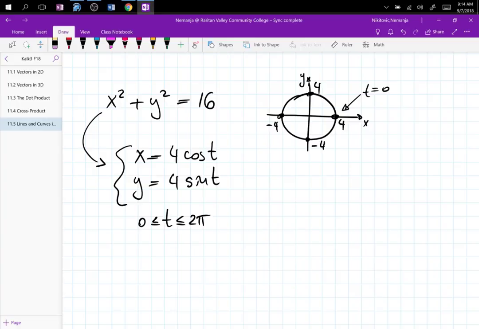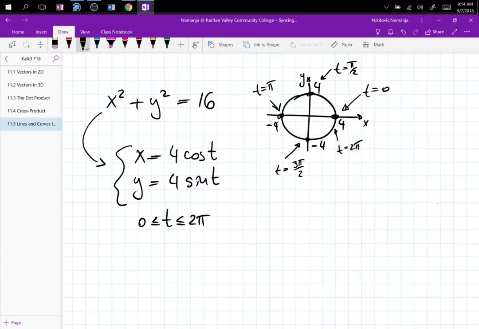So this is t equals 0. This position here is t equals pi over 2. This over here is t equals pi. This is t equals 3 pi over 2. And finally we end with t equals 2 pi, which ends at the start.